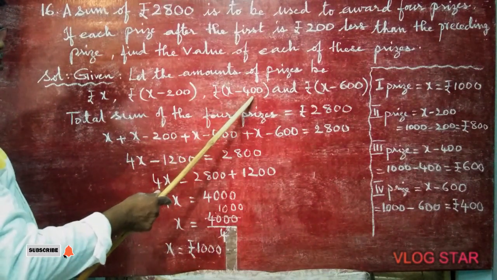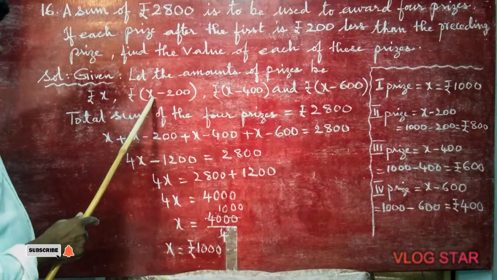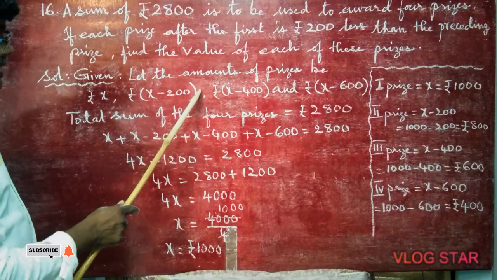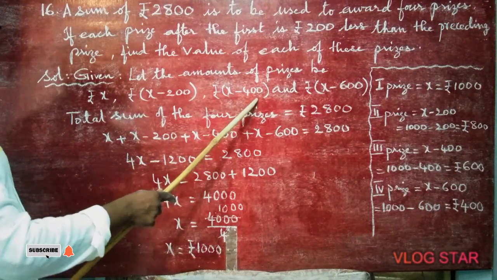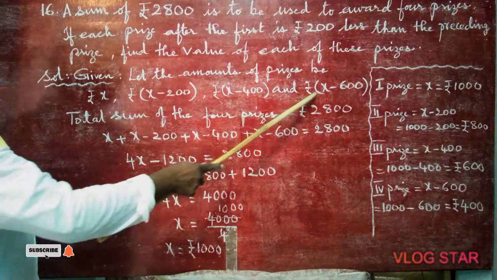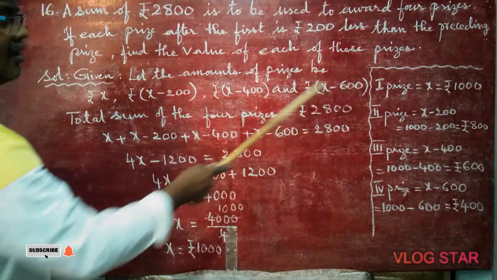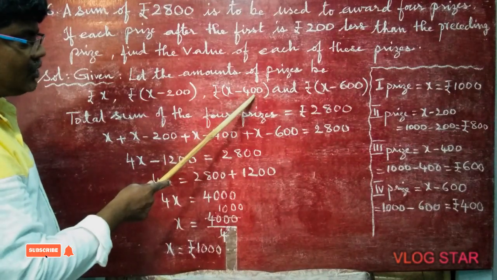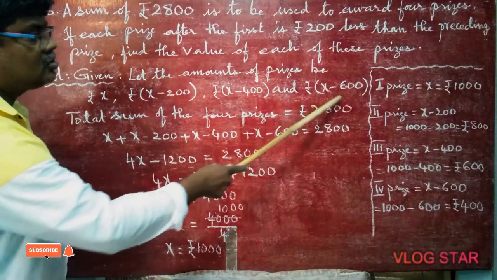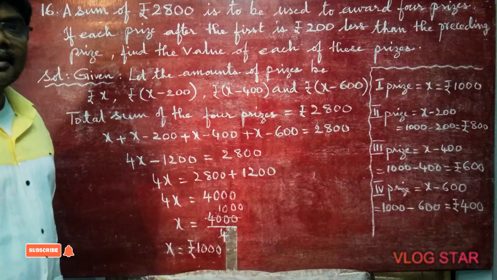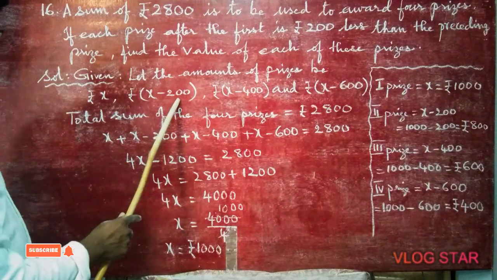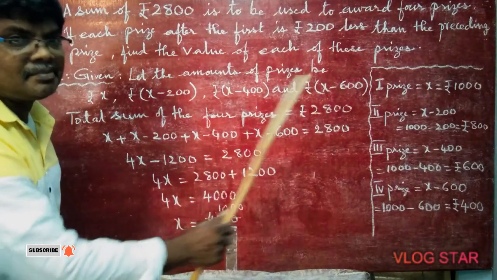Then X minus 400, how? X minus 200, again minus 200, that's why minus 400. Next one, X minus 600, how 600? Already X minus 200, again minus 200, so minus 600. Can you follow clearly? So 200, 400, 600, you have to subtract.